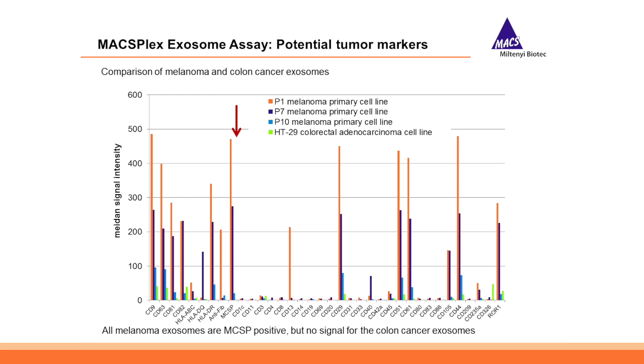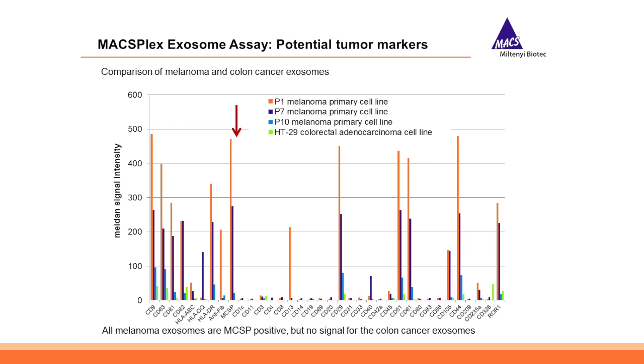On the x-axis, you see the different kinds of bead types we have been using, and on the y-axis you see the median signal intensity we got for these markers. On the left-hand side, these are the common exosome markers, so they have been present on all the different kinds we analyzed. We analyzed 3 different melanoma cell lines from primary melanoma and 1 colon cancer cell line for comparison.